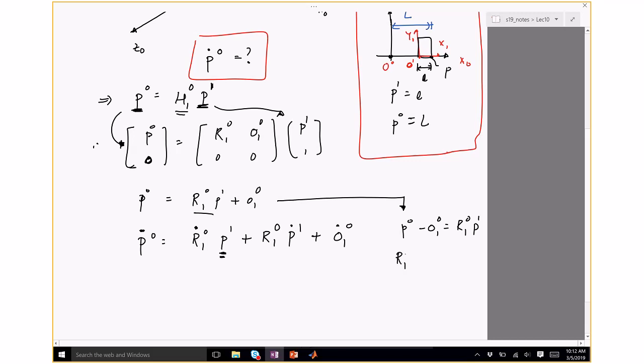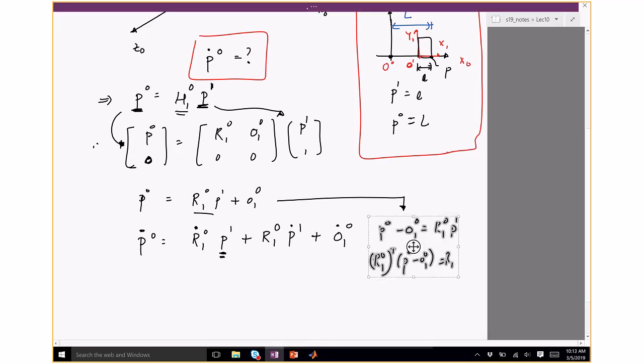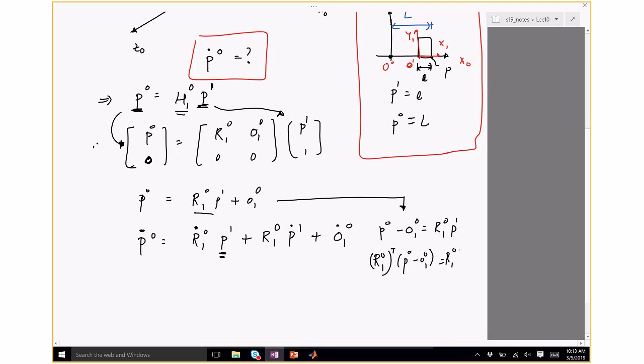So R10 transpose times P0 minus O10 equals R1 transpose R10 P1. But R1 transpose times R10 is the identity matrix. So we've effectively written down a formula for P1.